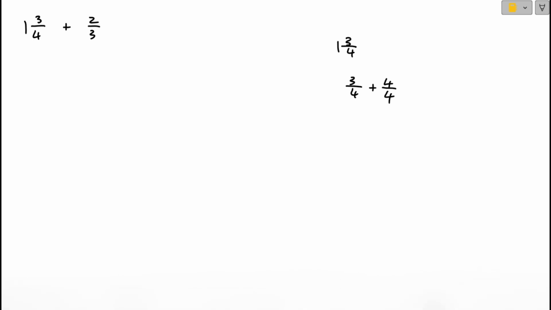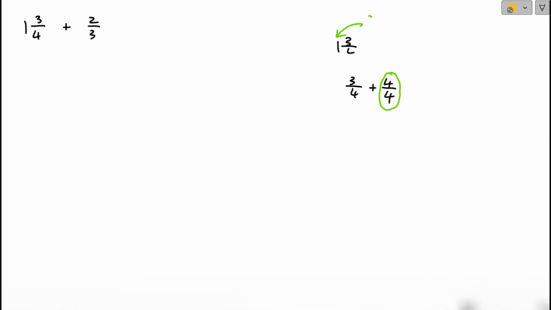Right? Because this 1 over here represents a whole number, or you could think of it as a complete fraction. So you're going to add this amount of complete fractions with this fraction over here.